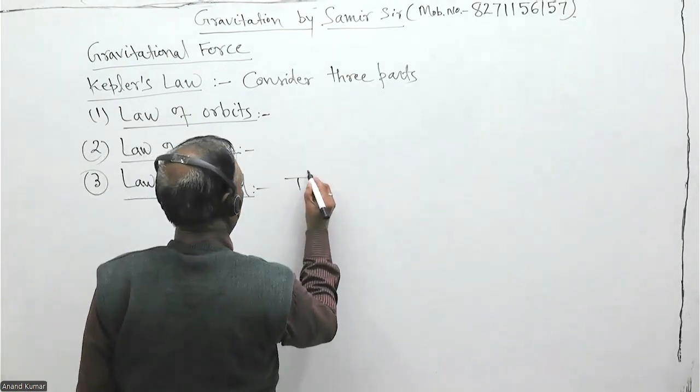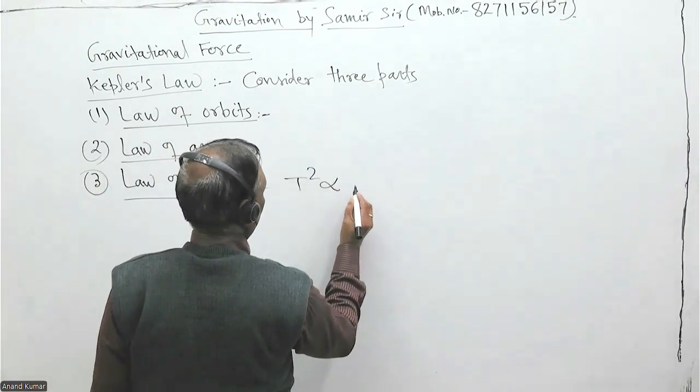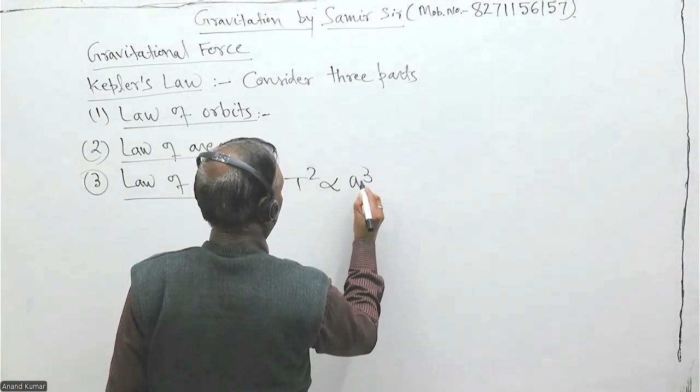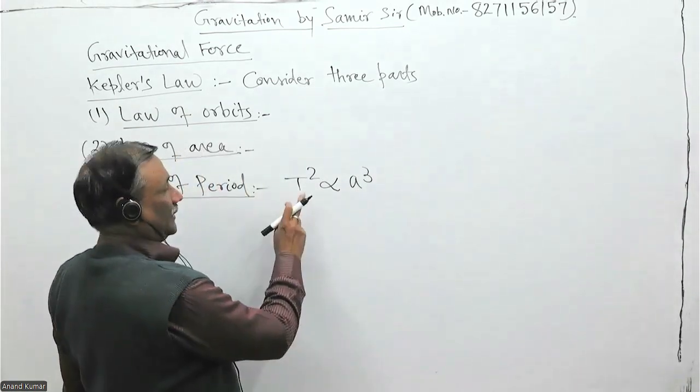That means T square is proportional to a cube. This is the time period.